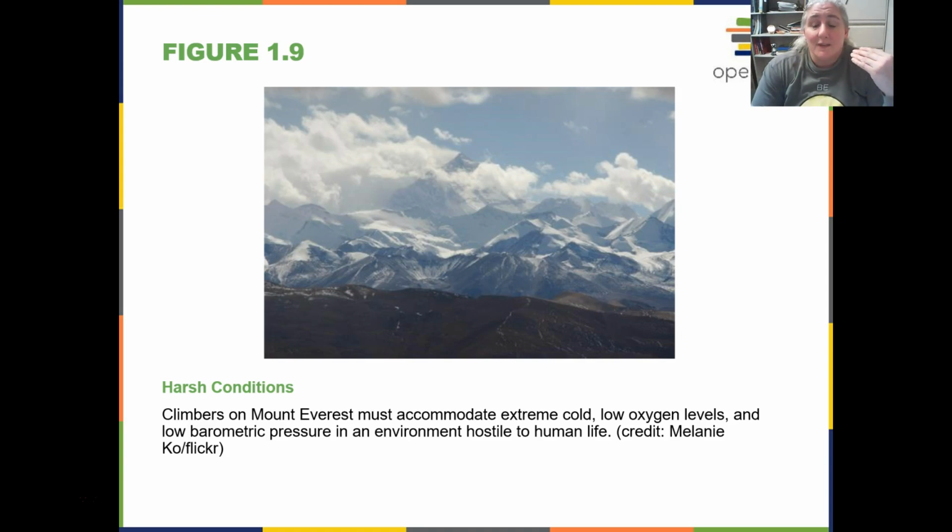But if you live in the mountains, if that's your normal environment, then your body has adapted to produce more blood. The more blood you have, the more oxygen you can take in per inhalation. And that allows you to survive in those lower pressure, higher altitude environments.